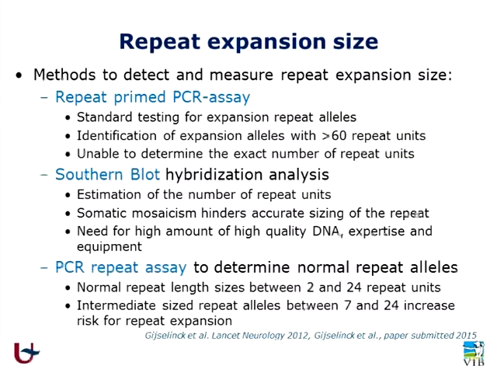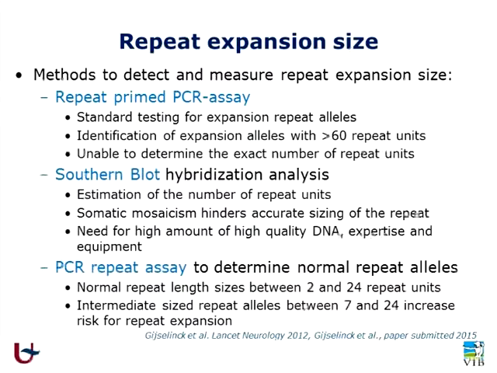Then how do we detect the repeat expansion? Standardly, the test has been done by repeat primed PCR assay. With this assay, we can detect expansion alleles of more than 60 repeat units, but we cannot determine the exact number of repeats.